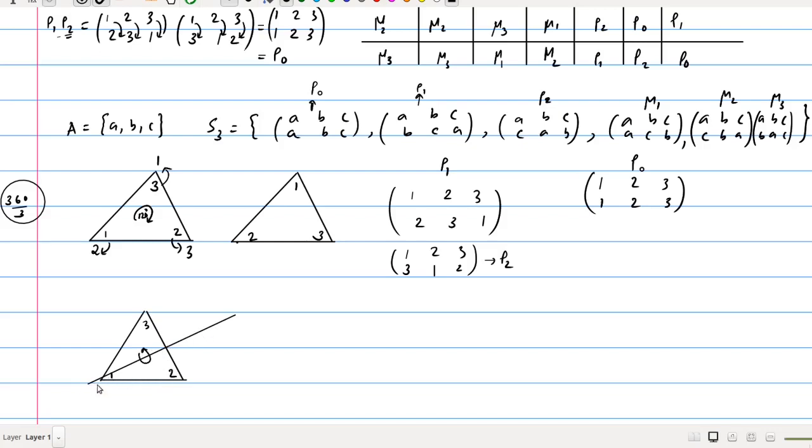Suppose this is a mirror, then you can see 3 here by the reflection of this mirror, and this is 2 here, and 1 can be seen at this same place.